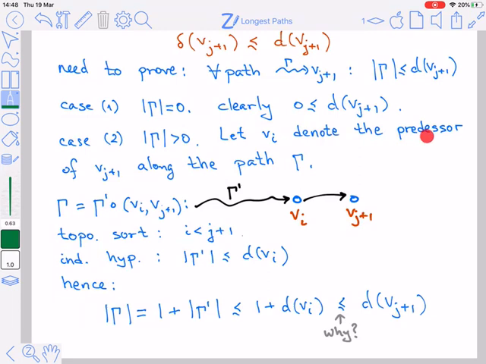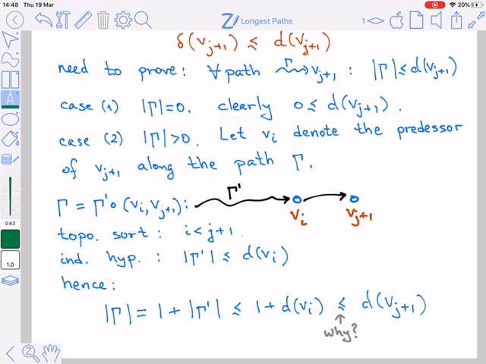Let Vi denote the predecessor of Vj plus 1 along the path gamma. So we have this last edge in gamma, and we denote the vertex from which this last edge in gamma emanates by Vi. So gamma is in fact the concatenation of a path gamma prime ending in Vi with an edge from Vi to Vj plus 1.